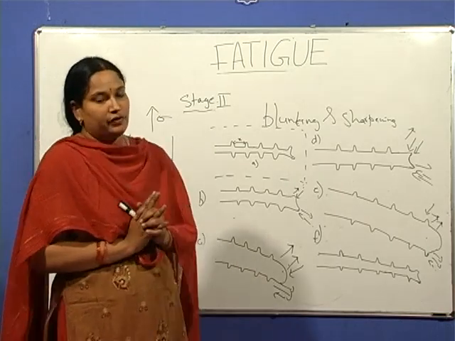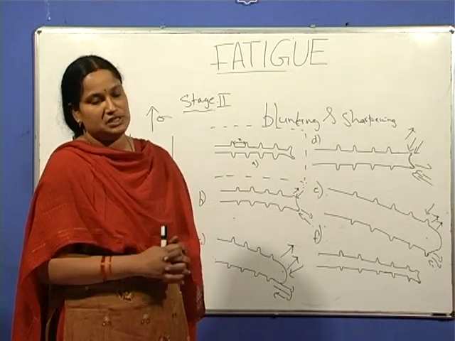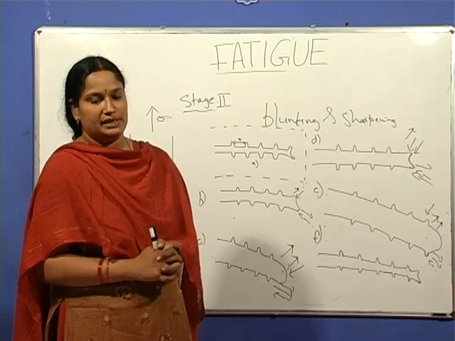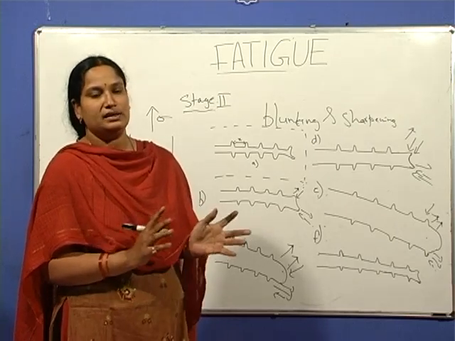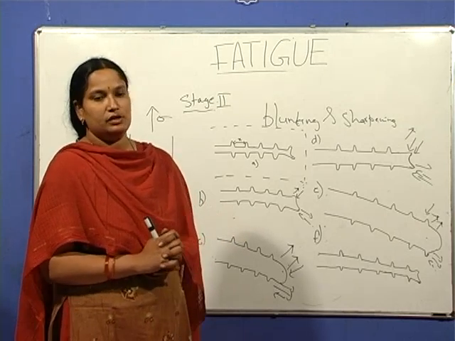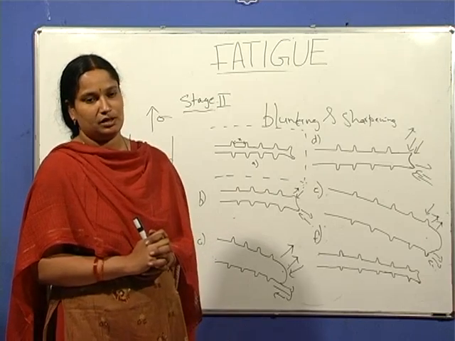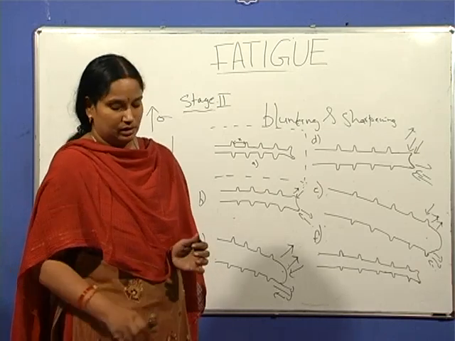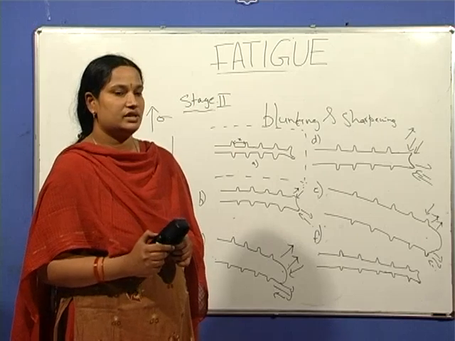So, fatigue life can be assessed by comparing the notched and unnotched specimens from the SN curve. By testing a notched specimen and an unnotched specimen and comparing the SN curves, one can assess the fatigue life in the presence of these stress concentrators. Fatigue life is reduced in the presence of these stress concentrators.